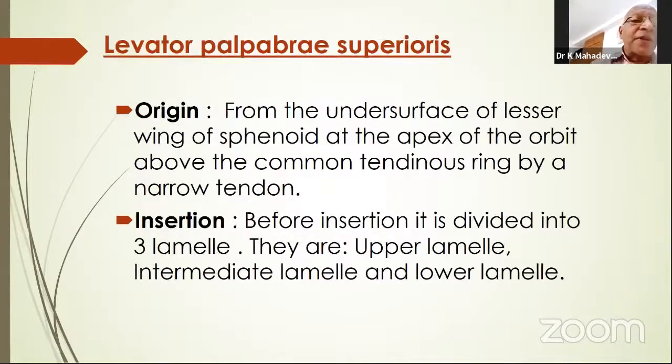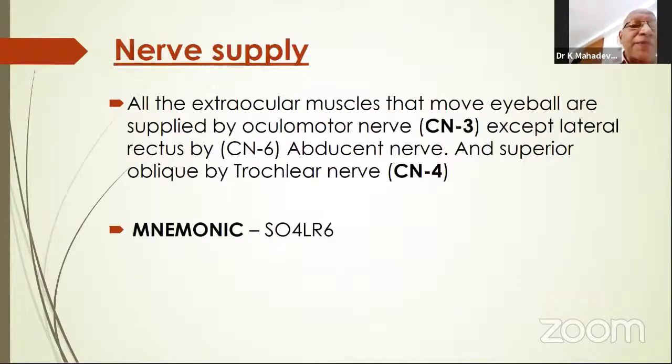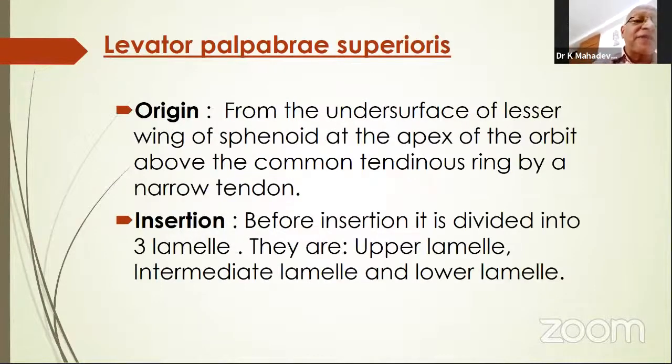And there is a mnemonic there for you all to remember. Levator palpebrae superioris is actually a huge muscle. It arises far behind near the apex and then fans out in front. And it is the one muscle that has got some aponeurotic fibrous tissue, whereas all the other extraocular muscles are mostly muscle, with very little fibrous tendon.